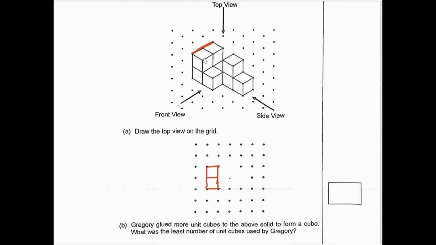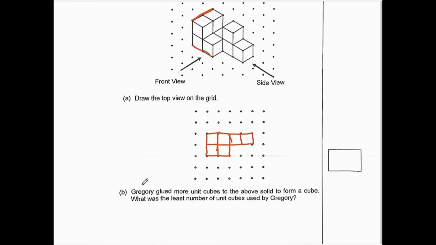Okay, 2. Then if you look across, there'll be 1, 2, 3, 4. Then below you have 2. So 2. Okay, this is what your diagram should look like.